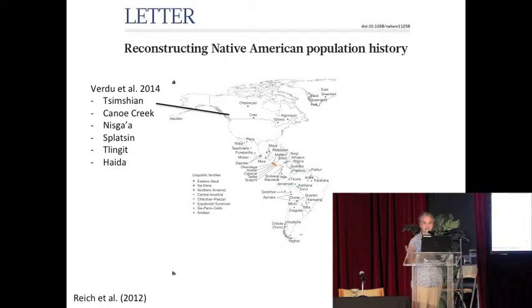And so we can do things like, even before the papers are published, after results are generated, going back to the communities to discuss with them the genetic patterns that we're seeing to get their insights into what may be going on.